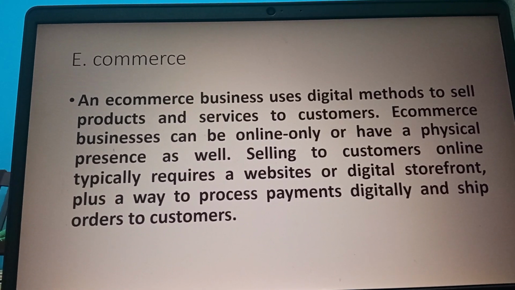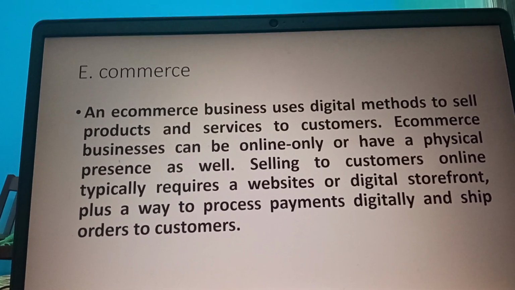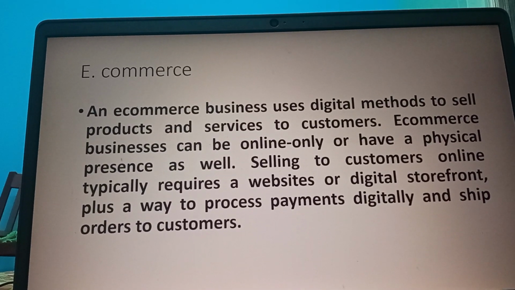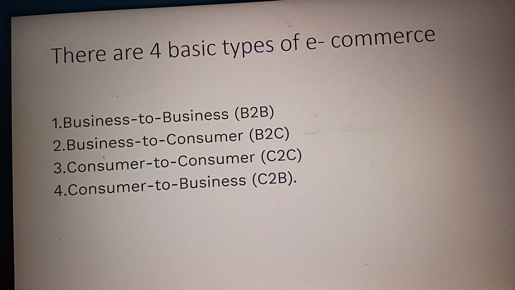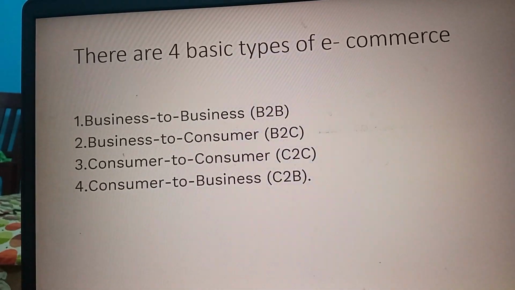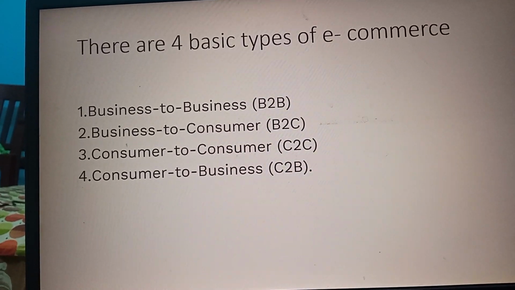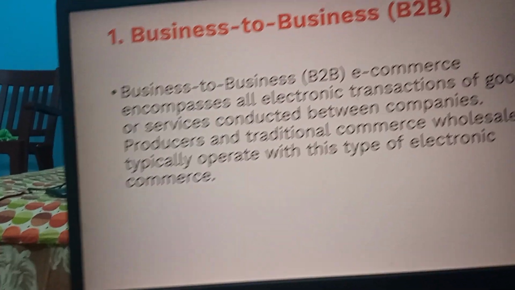Selling to customers online typically requires a website or a digital storefront, plus a way to process payment digitally and ship order to consumers. There are four basic types of e-commerce: business to business, business to consumer, consumer to consumer, consumer to business. Let us watch each one by one.